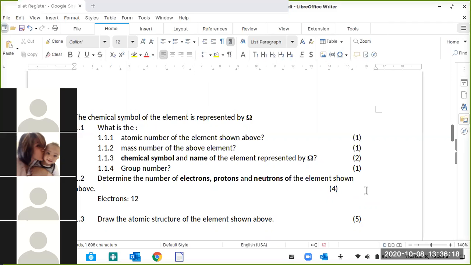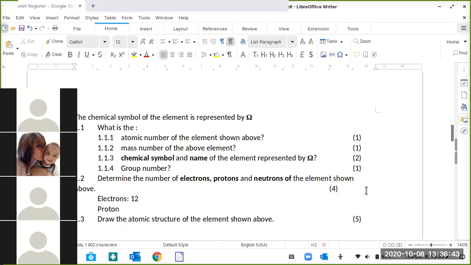So the atomic number tells us all that information, right? It tells us how many electrons are there and how many protons are there. So we are saying the number of electrons is 12, right? Then how many protons? You've already answered that one, isn't it?